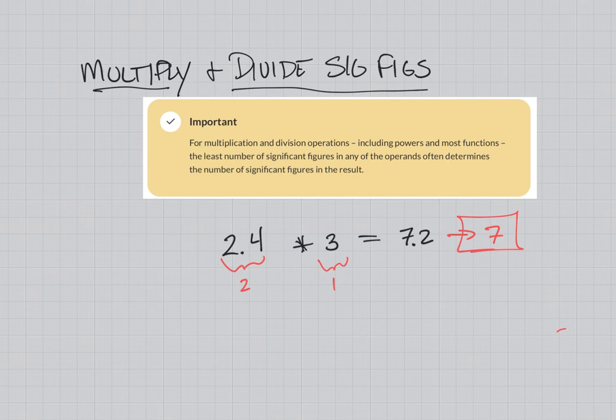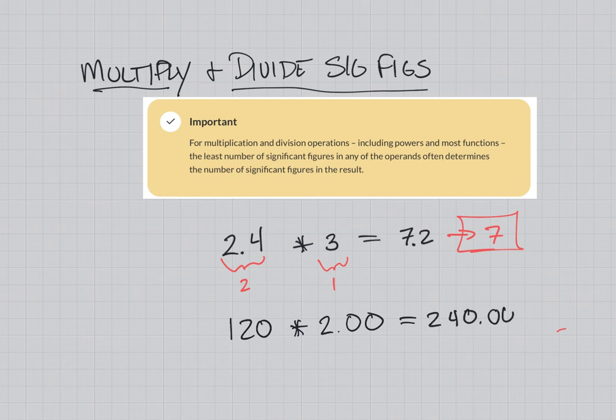If we were to take 120 and multiply that by 2.00, we would have a value of 240.